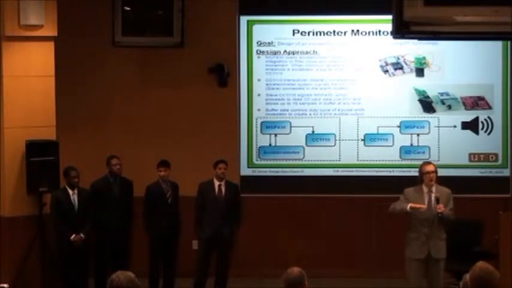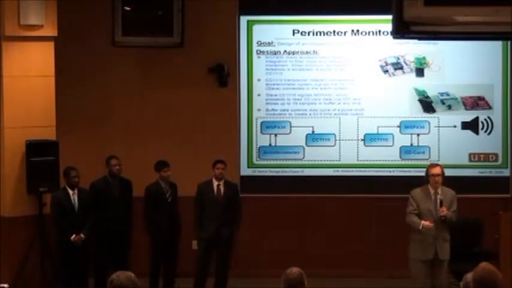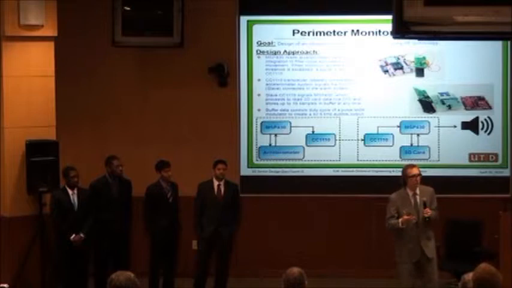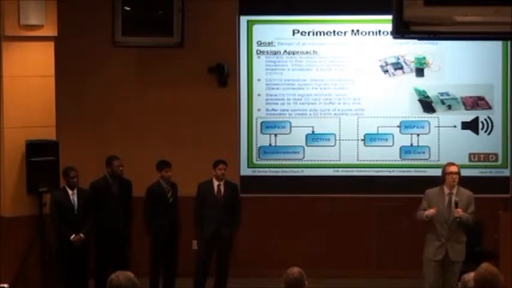Rather than create a virtual perimeter, we decided to enhance physical perimeters that are already in place in a home, which include a door or a cabinet that might open to a room.